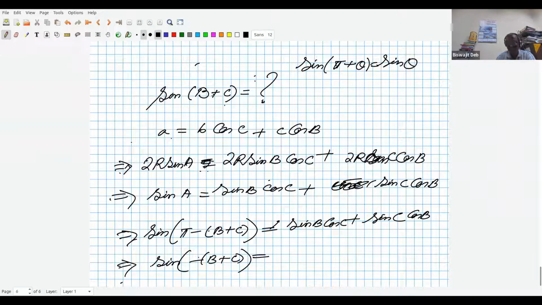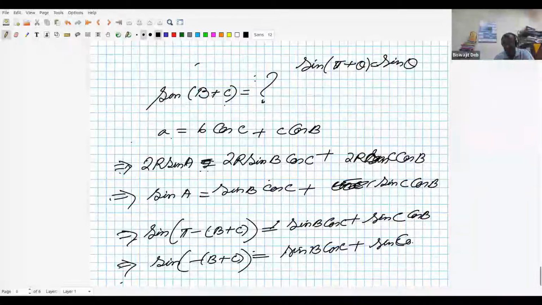So if I treat it as pi plus of minus (B plus C), then it is sine of minus (B plus C).